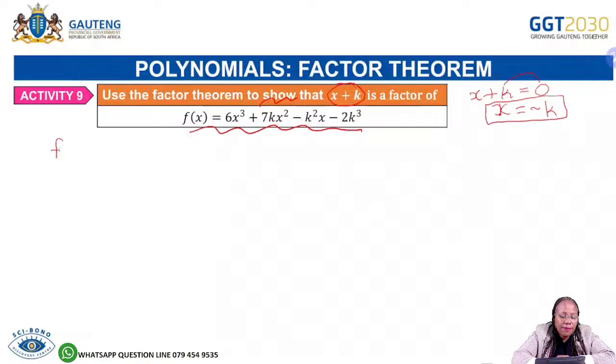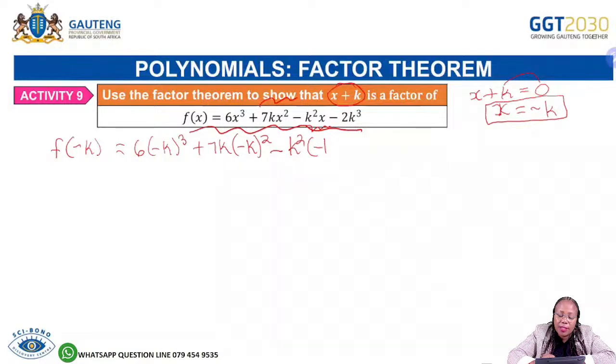So this is f of minus k equals 6 times minus k cubed plus 7k times minus k squared, then minus the x which is k, minus k, and then minus 2k cubed. I hope we have substituted all the x.